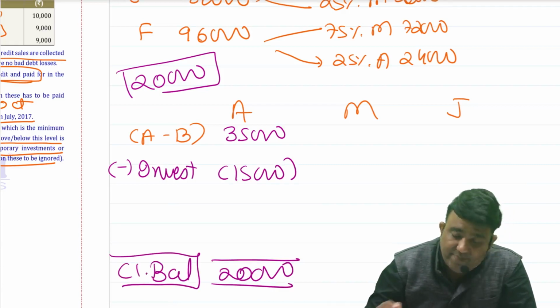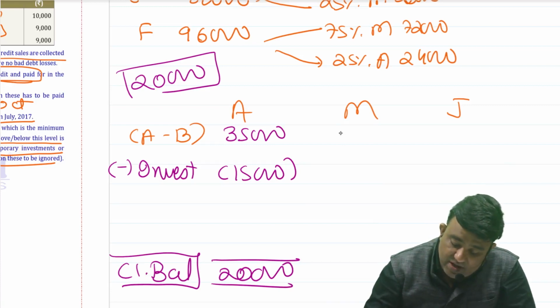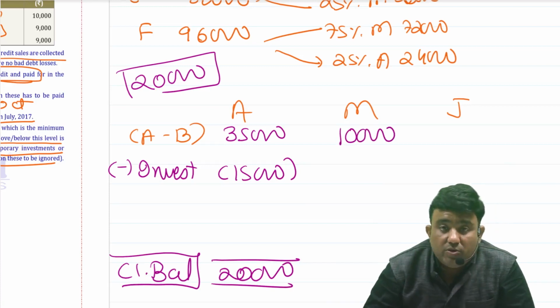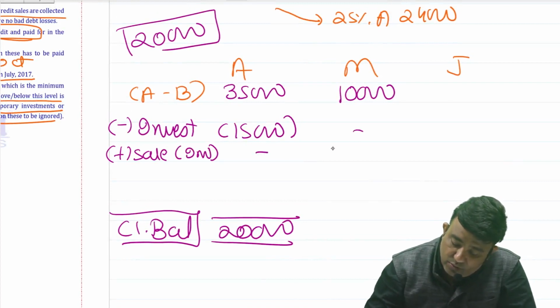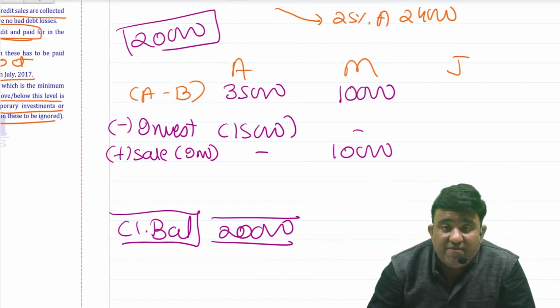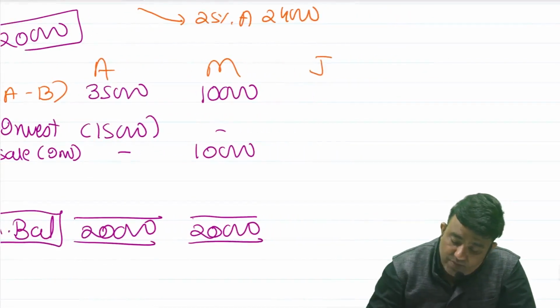Now let me take a hypothetical example. In the month of May, student, I have, you can say, 10,000. So what I will do is I have an investment, so I will sell the investment to the extent of 10,000, because I have 15,000 investment, so I can get rid of 10,000, balance will be 20,000.